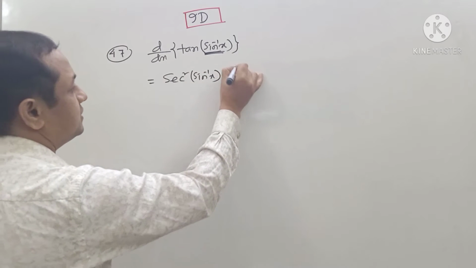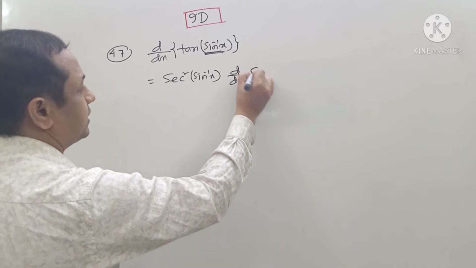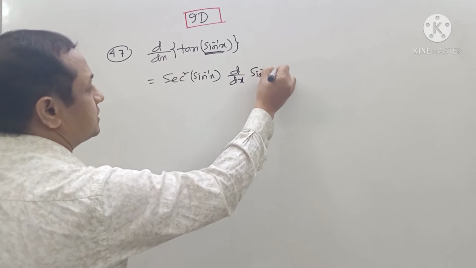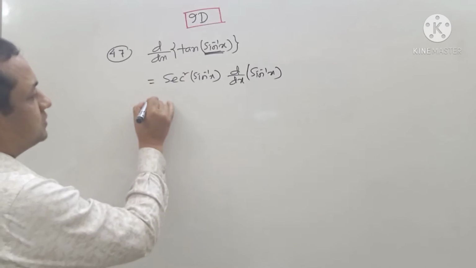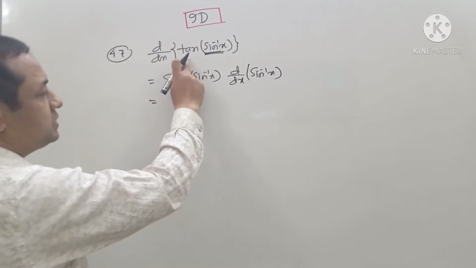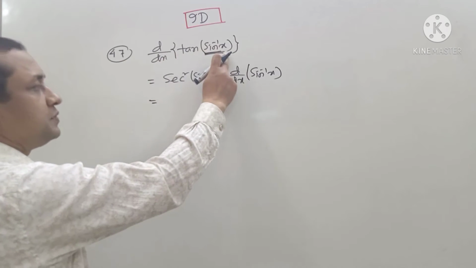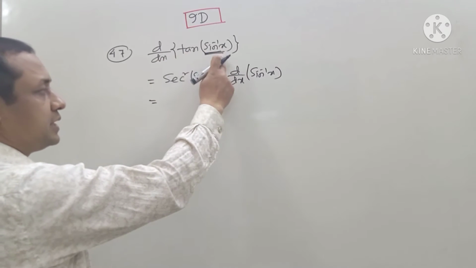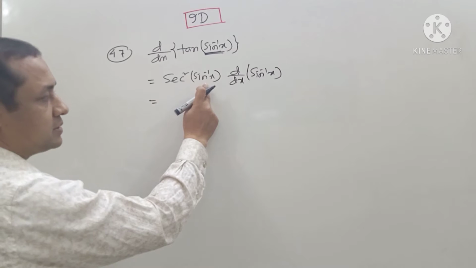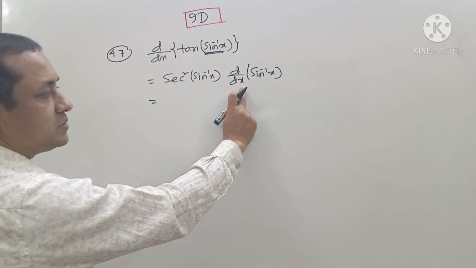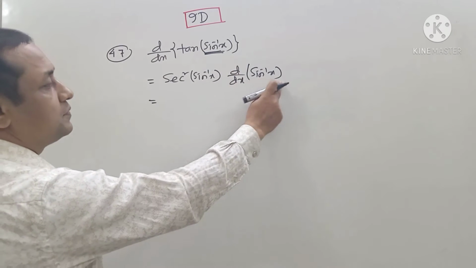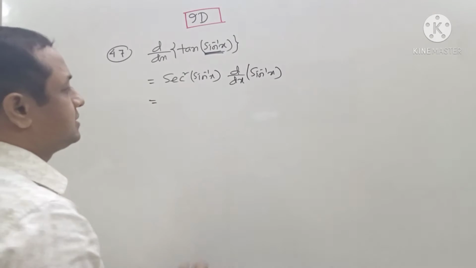Again, differentiating with respect to x, sin⁻¹x. So using the formula d/dx of tan x equals sec² x, again differentiating d/dx of sin⁻¹x.